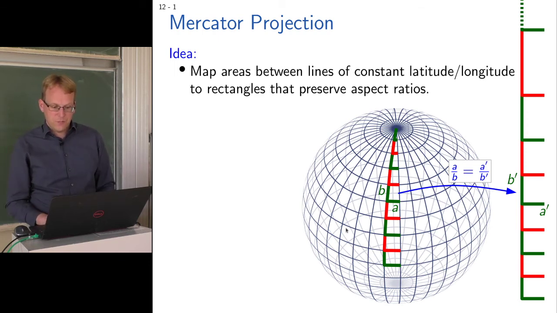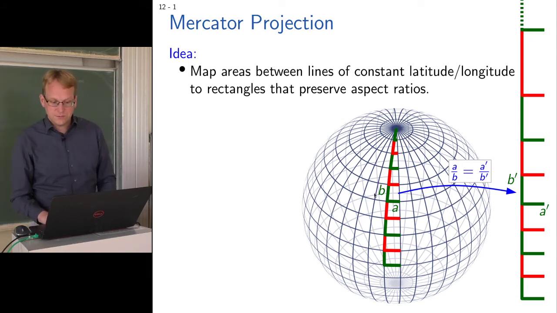What we did before with the Poincaré projection is that we mapped one surface element into one square. That's not done here because, as we've seen before, that causes these changes in aspect ratio and angle distortions. And that's precisely what we would like to avoid.